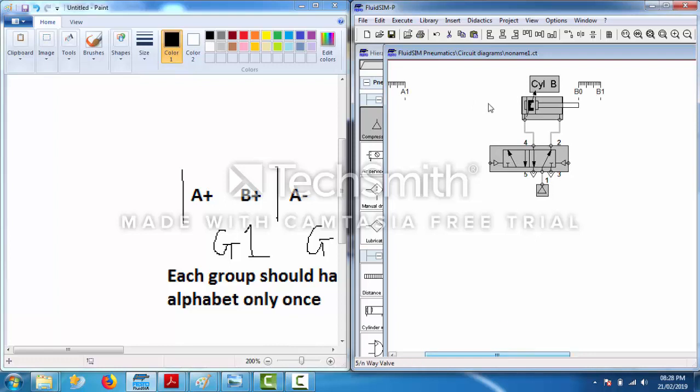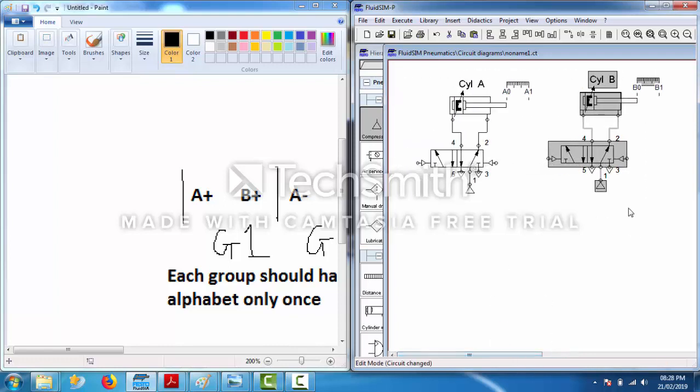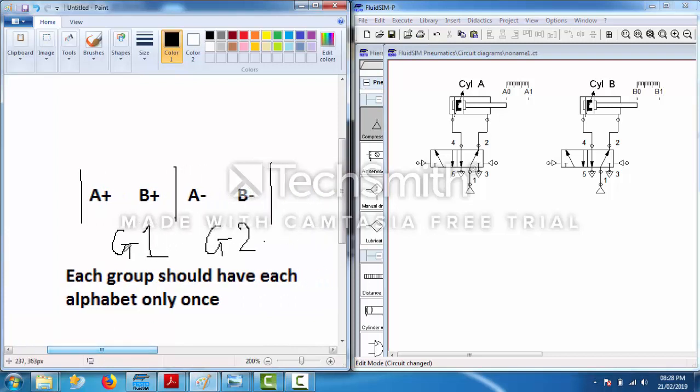It has to be told to start moving outwards. And when will it start moving outwards? Only when piston A has completed its outward motion. Piston B will start moving outwards only when piston A has reached the A plus position.